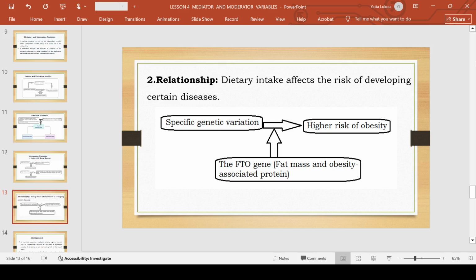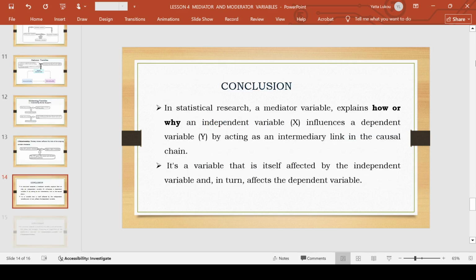For example, some people have fat mass and obesity associated proteins, and this one actually will influence the direction of the relationship between the specific genetic variation and the higher risk of getting obesity.